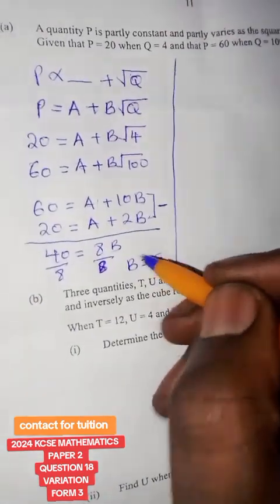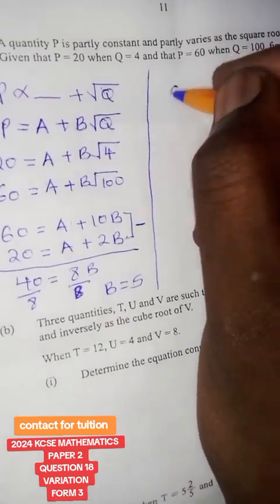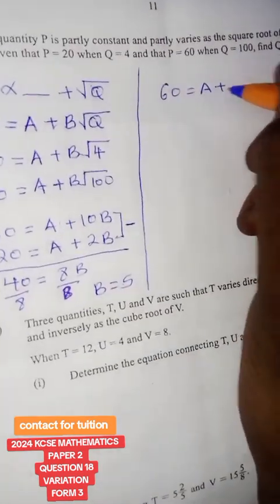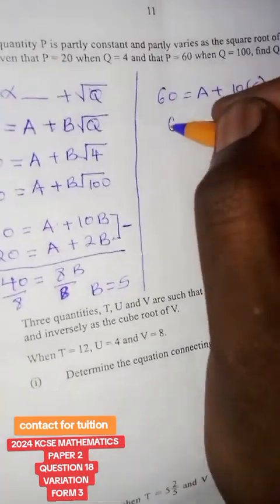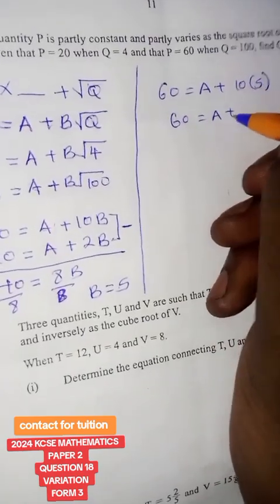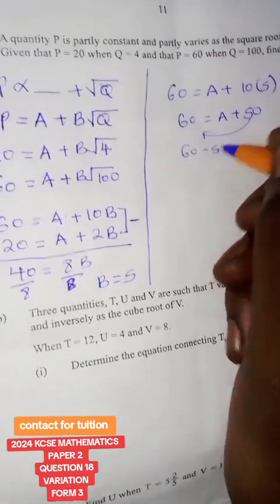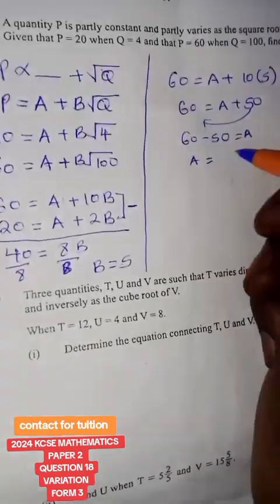You can replace in any equation, so let us use 60. 60 is equal to A plus 10B, which is 10 times 5. So 60 is equal to A plus 50. Bring this to the other side so that 60 minus 50 is equal to A, and the value of A is 10.